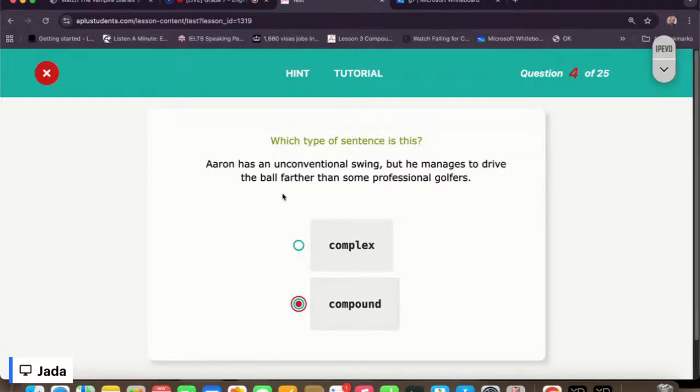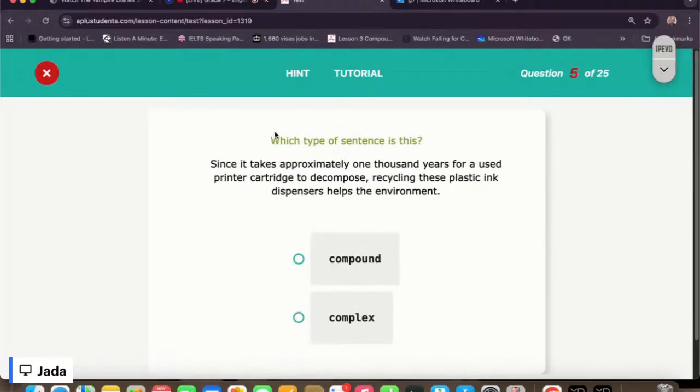So we have compound. Then: since it takes approximately 1,000 years for a used printer cartridge to decompose, recycling these plastic ink dispensers helps the environment. First or second?